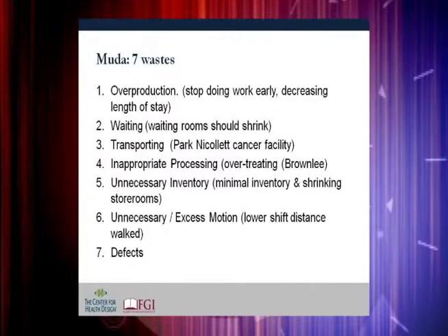And so whichever of those is most appropriate to you, you want to figure out what that value stream is, and then you want to get rid of wastes. And here are the 7 famous wastes, which those of you who know lean will be very familiar with. Overproduction, waiting, transporting, inappropriate processing, unnecessary inventory, excessive motion, and defects.